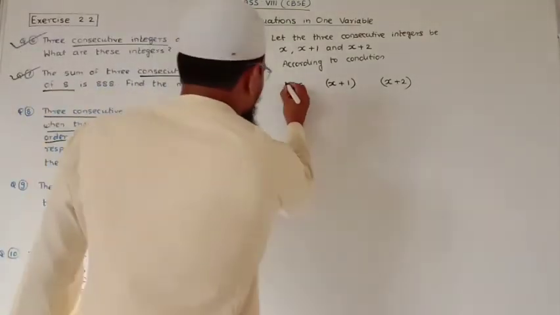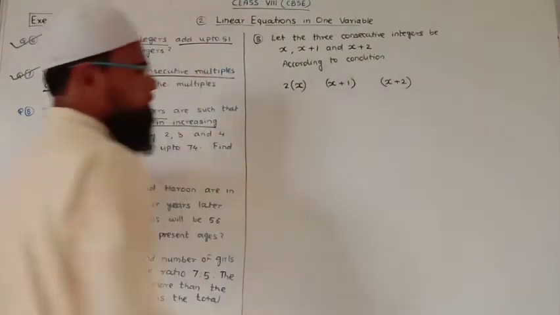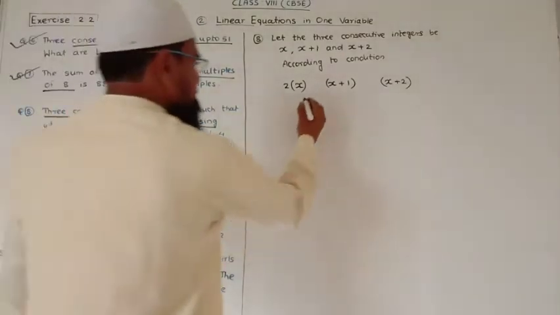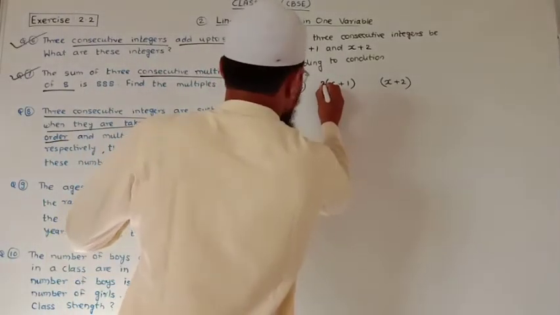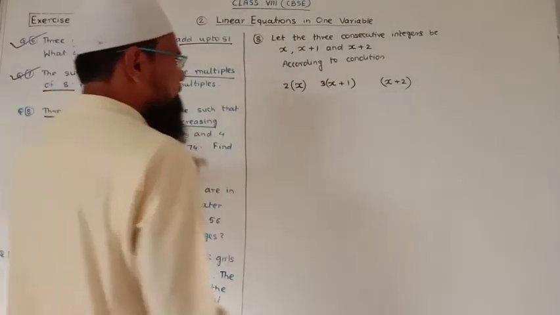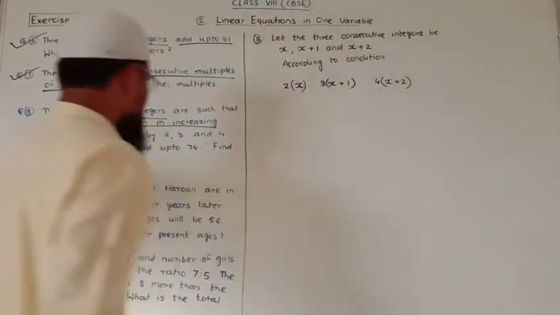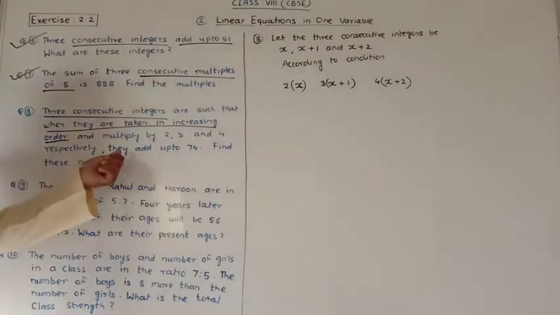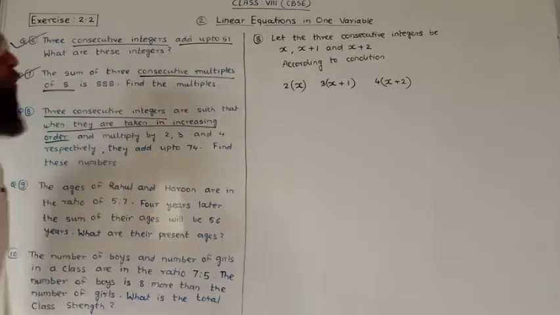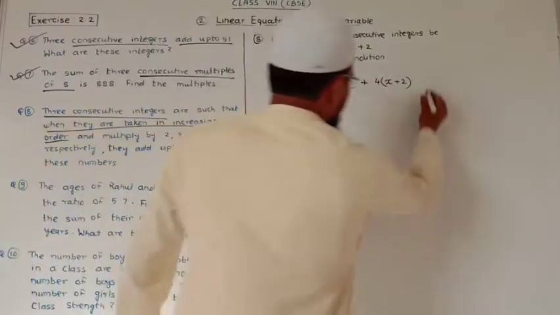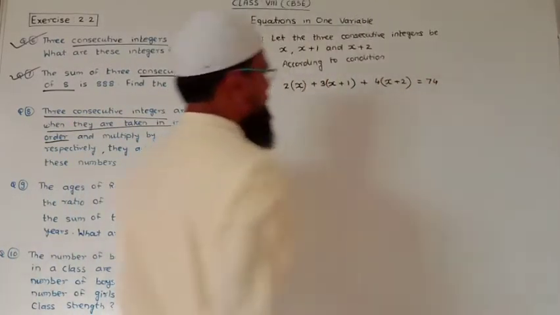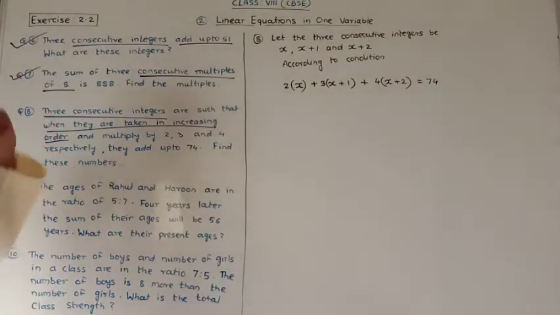So first of all, we multiply by 2, after that multiply by 3, and last one by 4 respectively. They add up to 74. So this is the given condition.